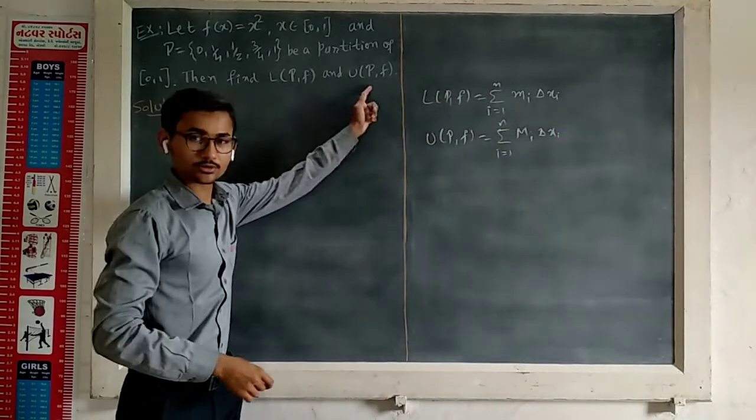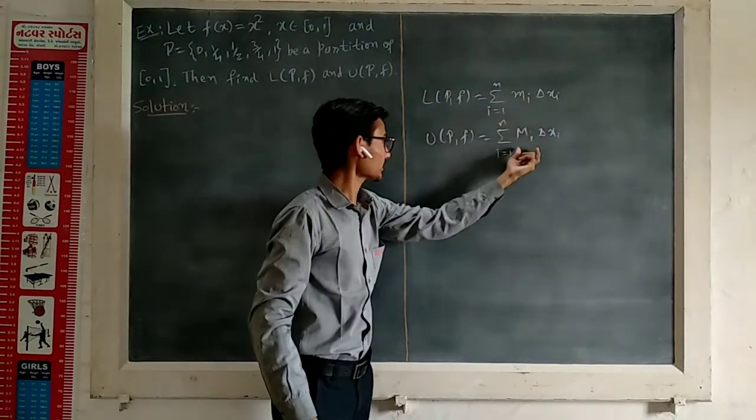We want to find LPF and UPF. For that we want to find small mi and capital Mi.